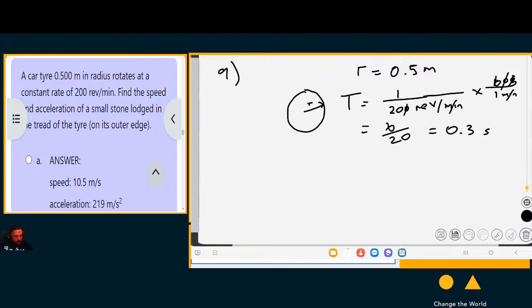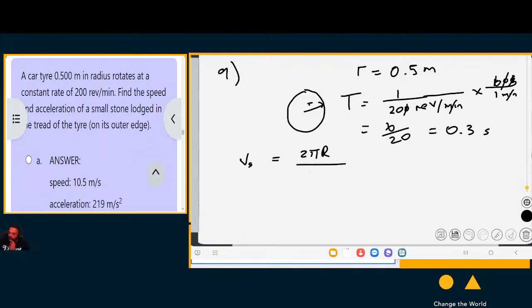Now they ask us in this question, find the speed and acceleration of a small stone lodged in the thread of the tire on its outer edge. So the speed of the stone is equal to 2 pi r. We've used this formula before.